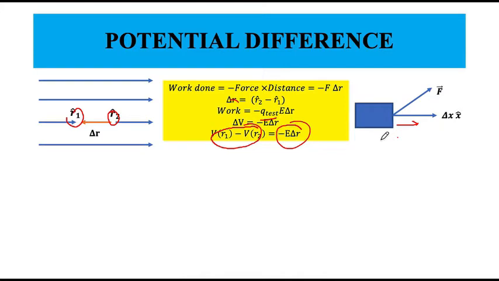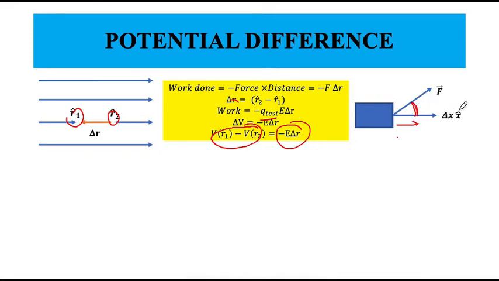However, if I pull this object, for example, in this direction, not all the magnitude of force is experienced by the object. How much force is actually experienced, or how much work is done, is given by the dot product of two vectors.